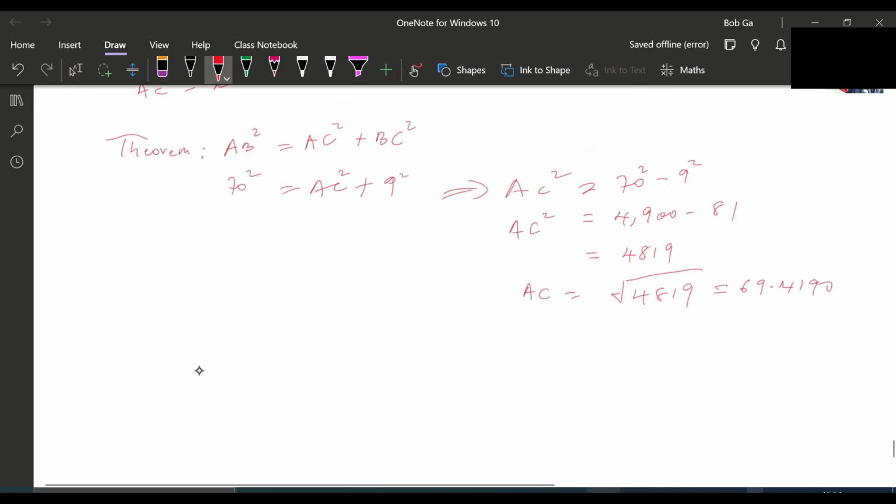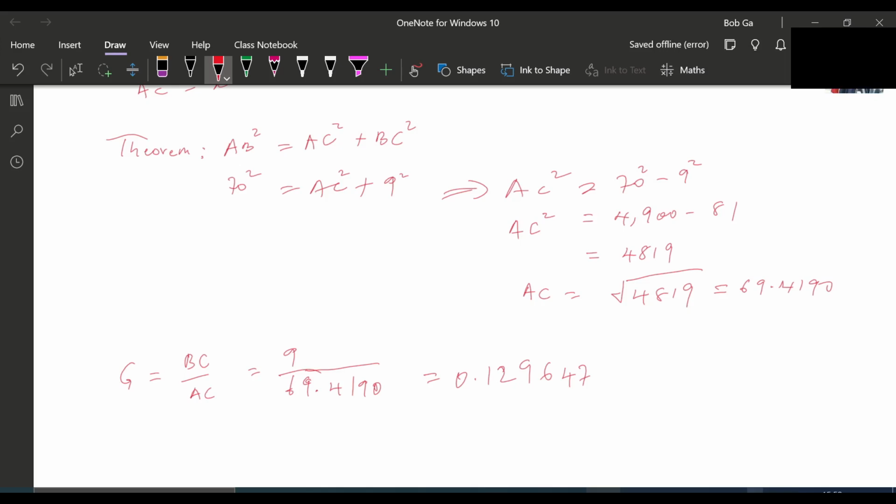So the gradient equals BC over AC, which is 9 over 69.4190. When we divide that, it's going to give us 0.129647, around that.